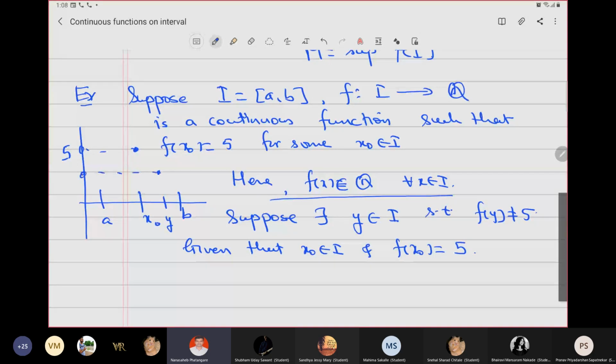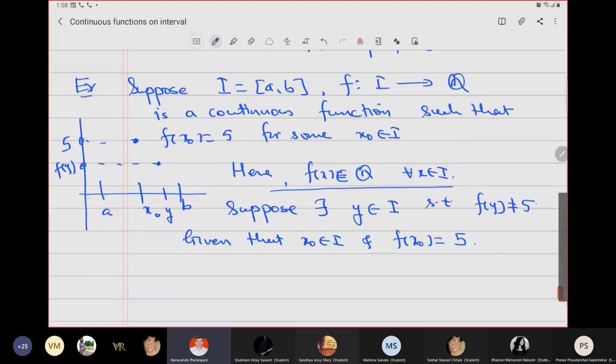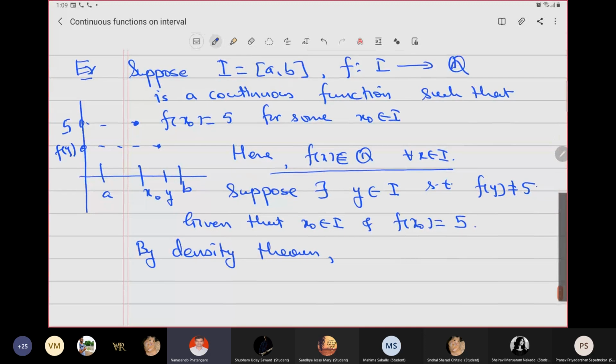It is some value, whatever f(y) is. So f(y) is not equal to 5 means what is the possibility?